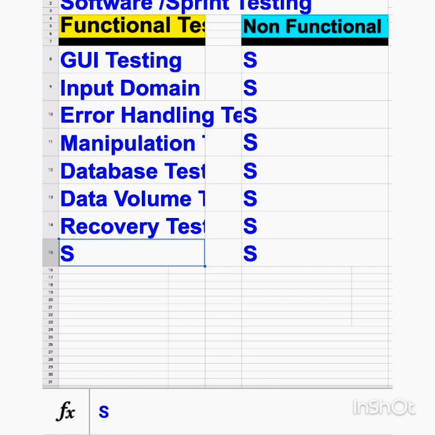Next one is integration testing. These are the types of testing done in functional testing.